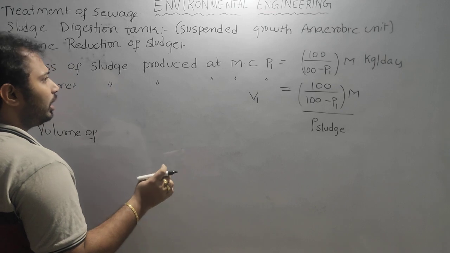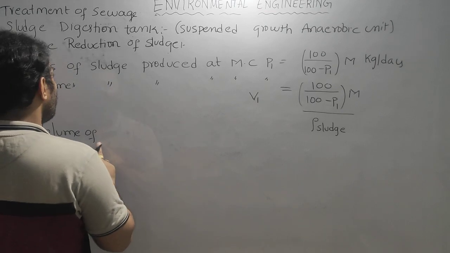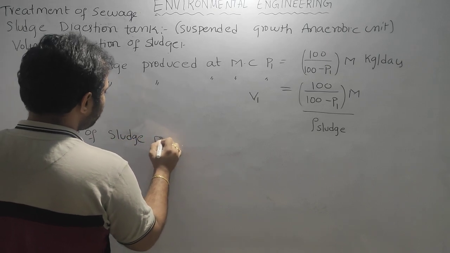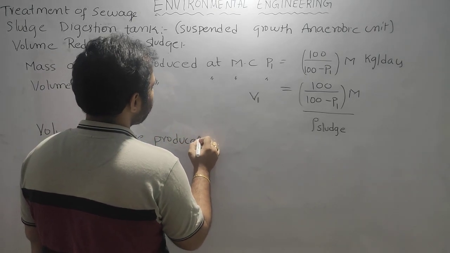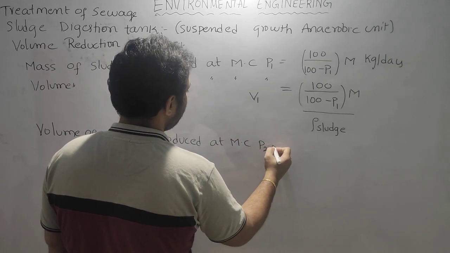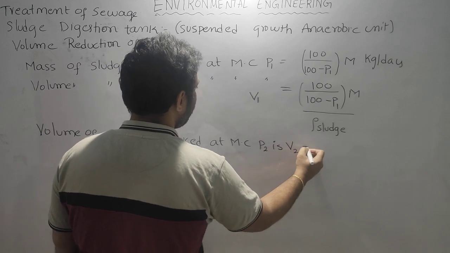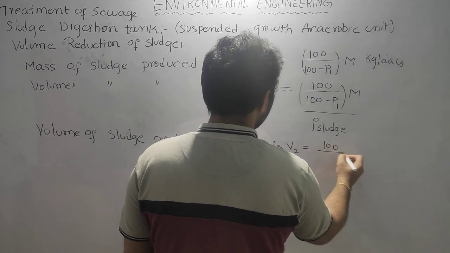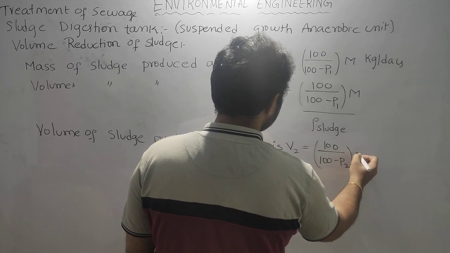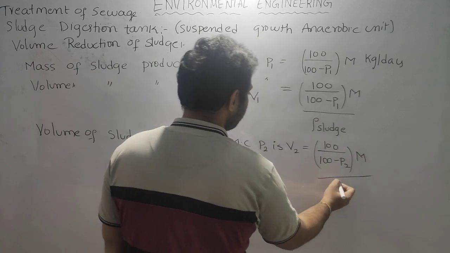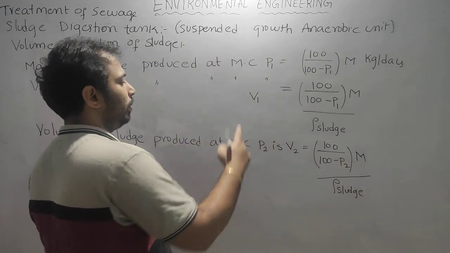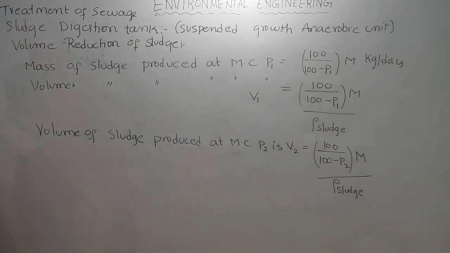So the volume of the sludge produced at moisture content P2 is V2, which is equal to 100 by (100 minus P2) into m, the mass, by the density of the sludge. So this is V2, and this is V1.